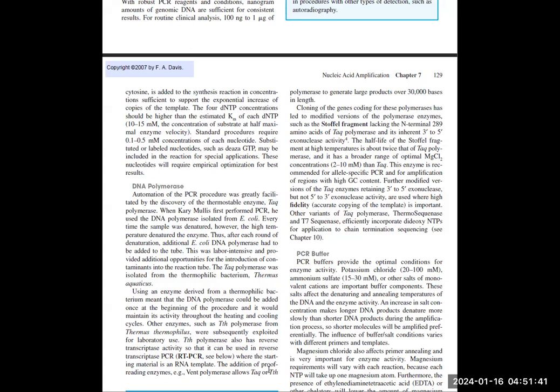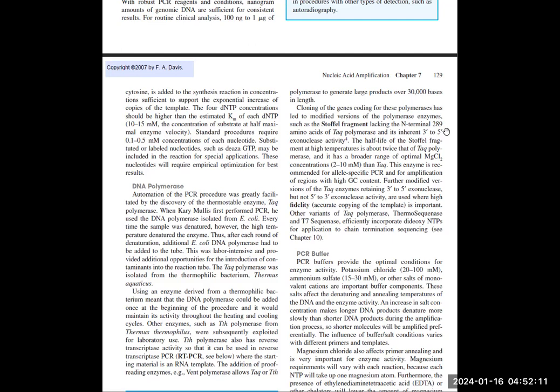See, so the addition of proofreading enzymes like Vent polymerase allows our Taq or Tth to generate products over 30,000 bases in length. And we also have our Stoffel fragment, which lacks the N-terminal 289 amino acids of Taq polymerase and its inherent 5' to 3' exonuclease activity.